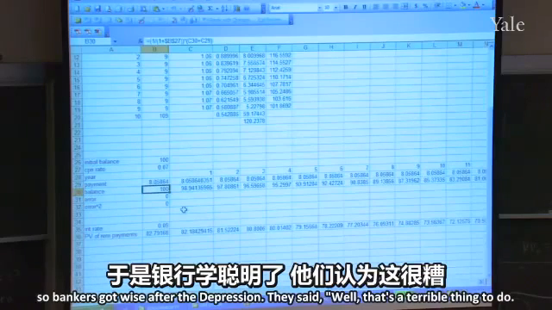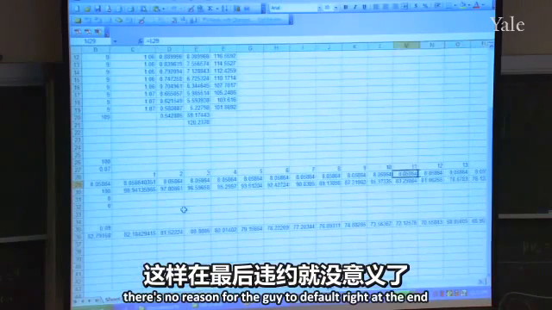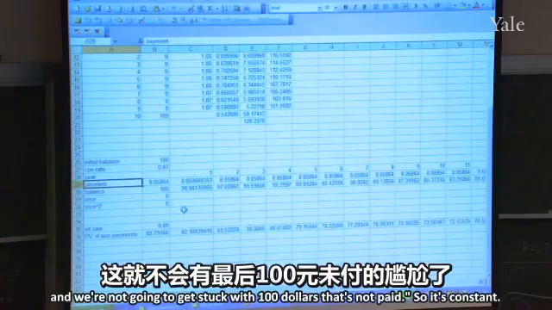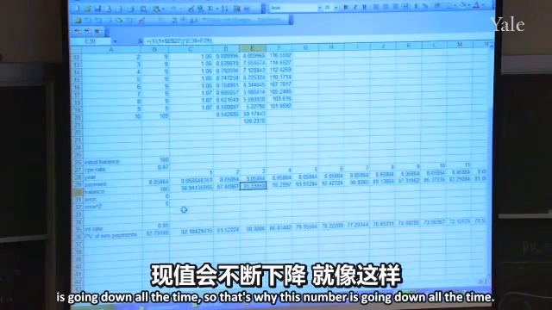So bankers got wise after the Depression. They said, that's a terrible thing to do. We should make the payment constant. That way there's no reason for the guy to default right at the end, and we're not going to get stuck with $100 that's not paid. So it's constant. But of course, if it's constant, that means the present value of what's left is going down all the time. That's why this number is going down all the time.